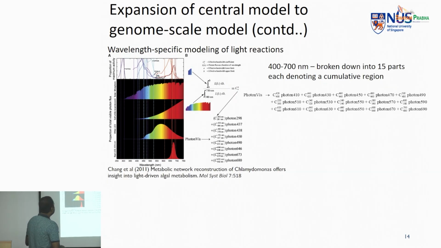We did this using earlier work which was done on a photosynthesizing alga. Plants are able to absorb light in the wavelength of 400 to 700 nanometers. So we broke down the photons incident on the plant into categories: whatever falls under 400 to 430, 430 to 450, and so on, we segregated them. So why do we have to do this?